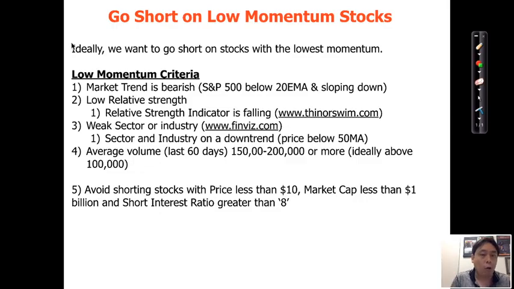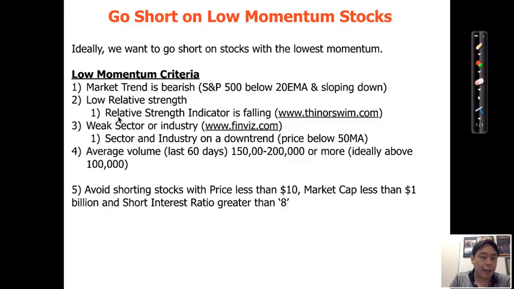So again, low momentum criteria. The market trend should be bearish with the S&P 500 below the 20 exponential moving average and sloping down. Unless, again, like I said, I've got many long positions, I'm taking 1 or 2 shorts to hedge my long positions, yeah? Now, next, again, low relative strength. I want to ensure that if I'm going short, the stock which I'm shorting has low relative strength, okay?